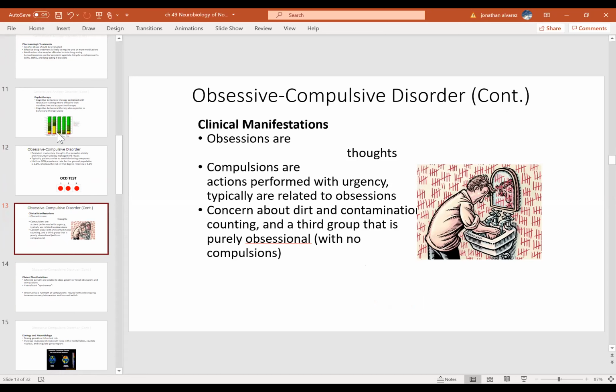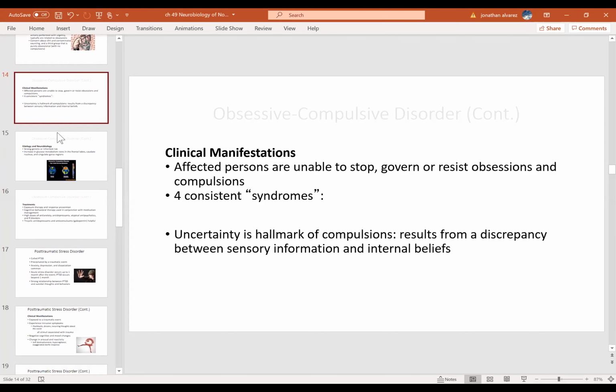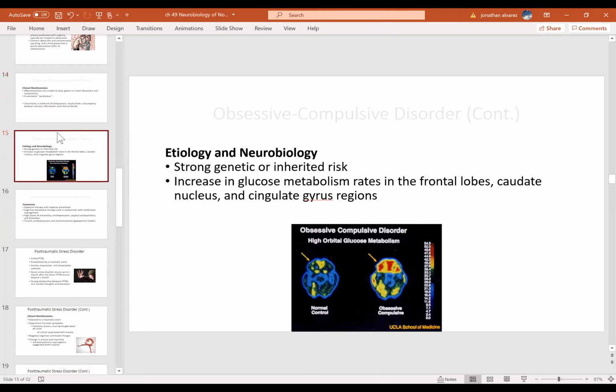Everybody has kind of their own thing of which they're OCD about. Okay, so usual suspects of genetic or inherited risk for developing OCD.